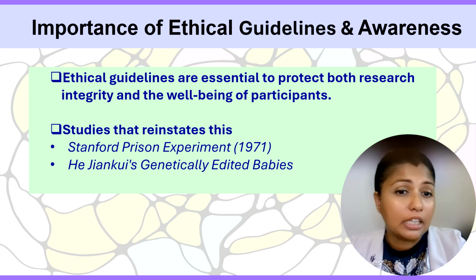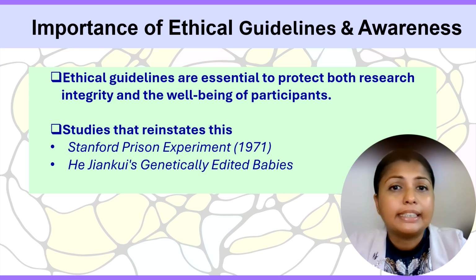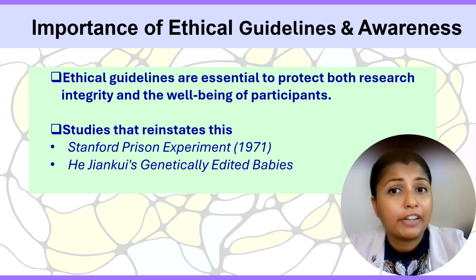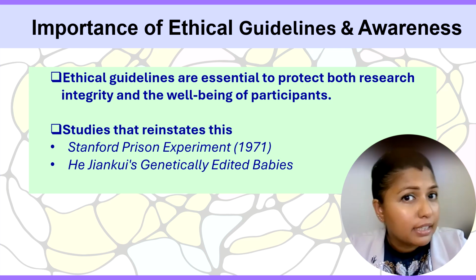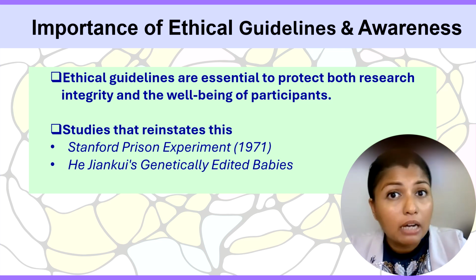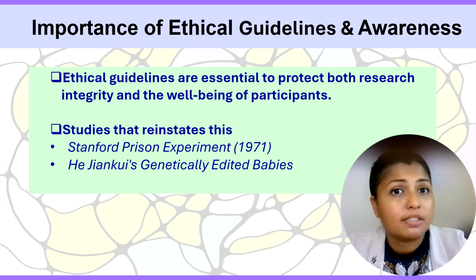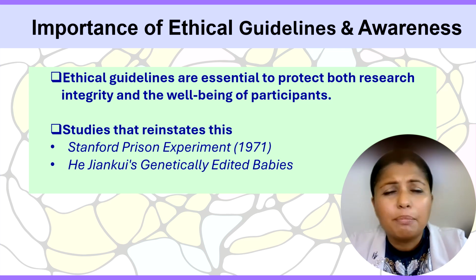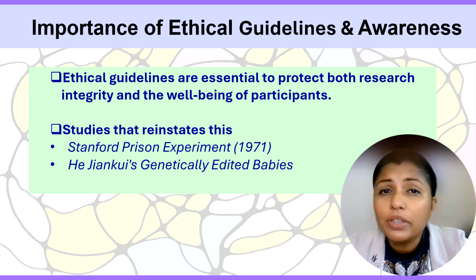Now that we've discussed the importance of ethical guidelines and awareness, let's discuss a little further. Researchers' decisions deeply affect participants' well-being. Ethical awareness helps to prevent harm, builds trust, and ensures validity in the findings. There is a reason why we follow ethical guidelines: without these, our research will suffer.